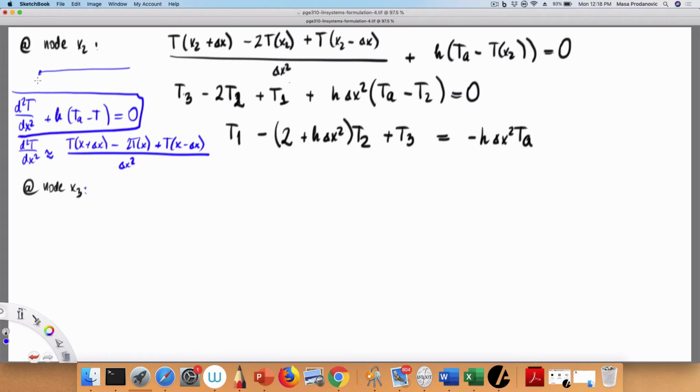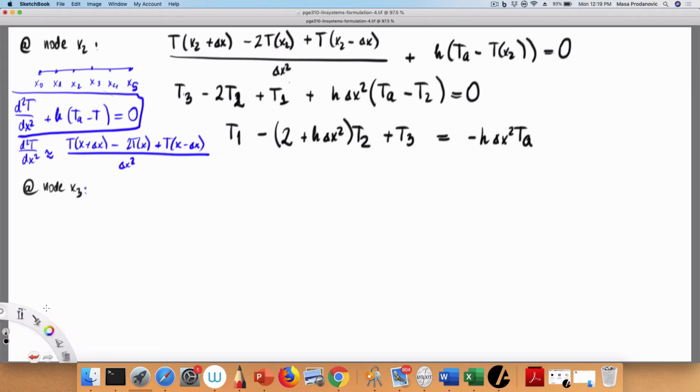I'm linearly arranging x0, x1, right? Those are all my quick reminders from the previous slide. So what is going to be this differential equation, d squared T dx squared plus h times (Ta minus T) equal to 0, for node x3?